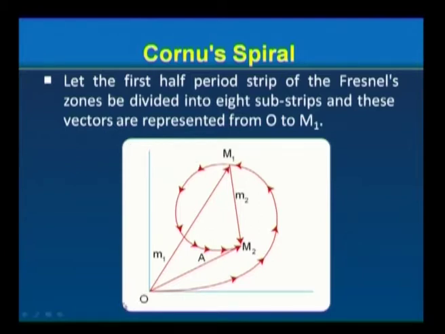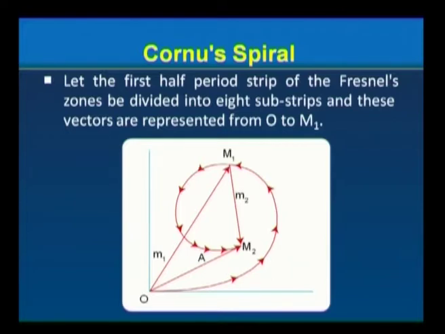Similarly, now M1 to M2 refers to the second. M1 is the displacement caused because of light passing through the first half period zone, and M2 is the displacement caused at the point P, where you want to find the intensity, due to light passing through the second half period zone.